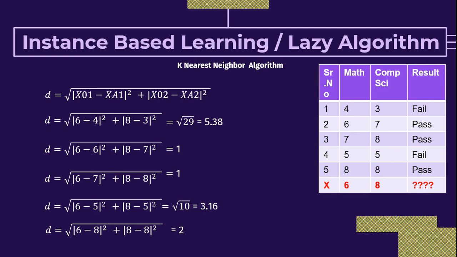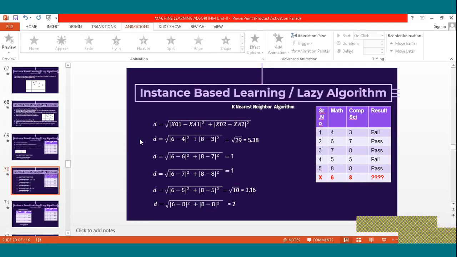So the roll number 2, roll number 3 and roll number 5. You can see that these 3 values are very near. Let me again make it very clear.